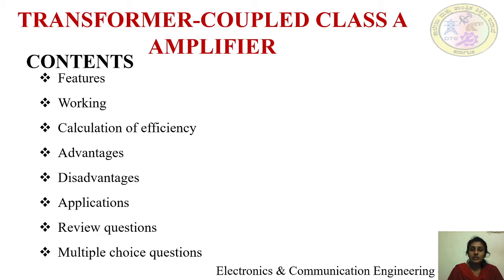What are the advantages of the series fed class A amplifier? It is simple to design, it produces output exactly the same as the input, and the device conducts for the full cycle.